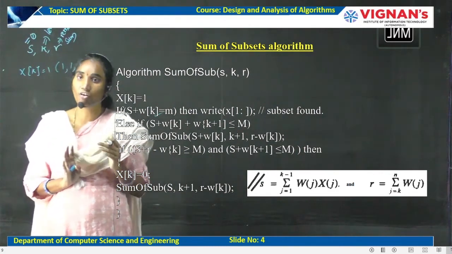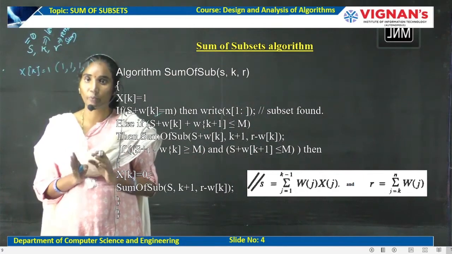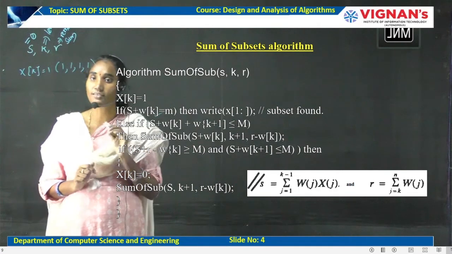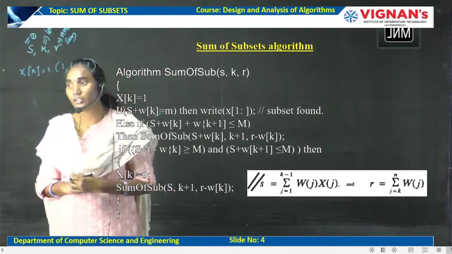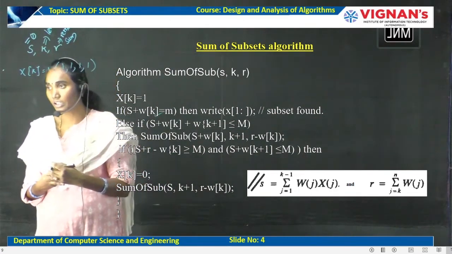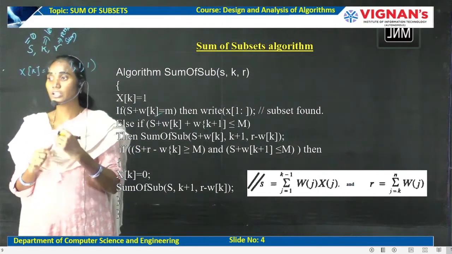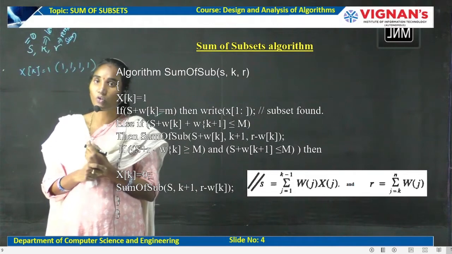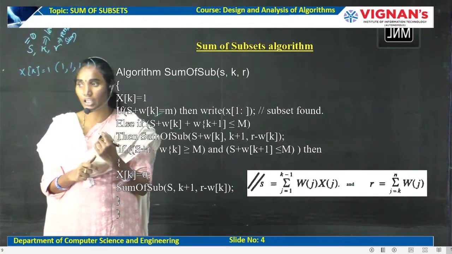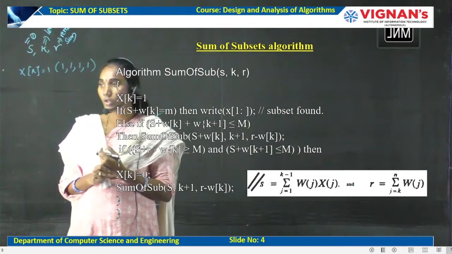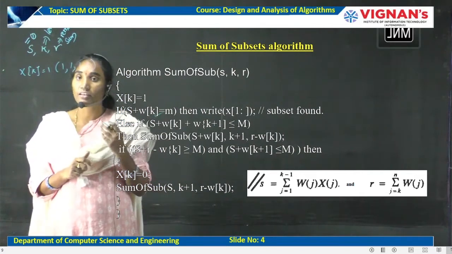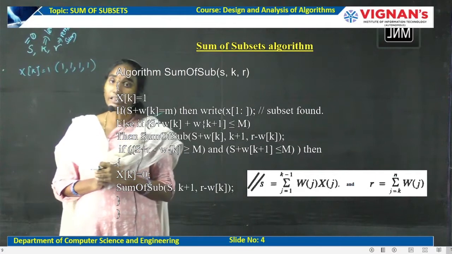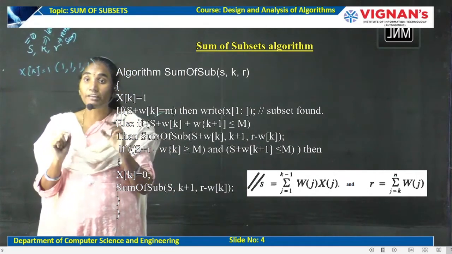If I am not taking that particular item or weight, then I'm removing it and making it 0. So here, if you have seen clearly, initially we are checking one condition called s plus w of k less than or equal to m, and in that case, I am simply writing the corresponding solution, that is, I met with a solution.